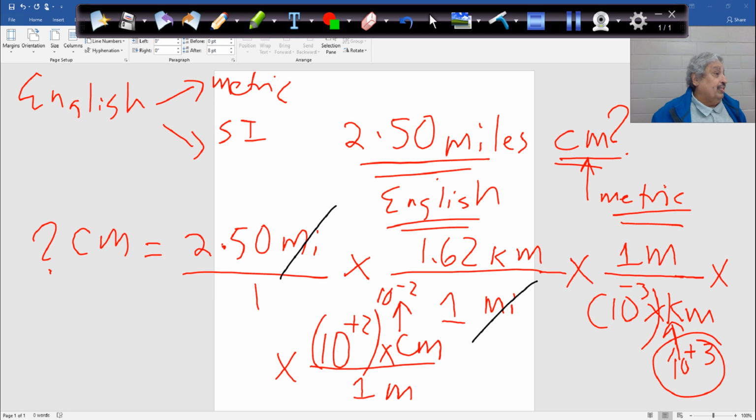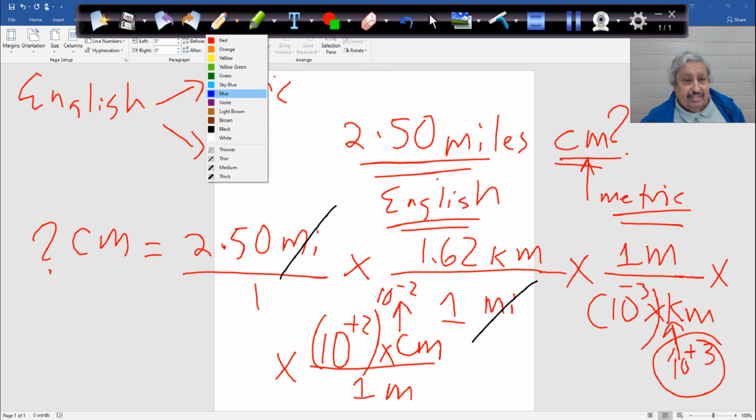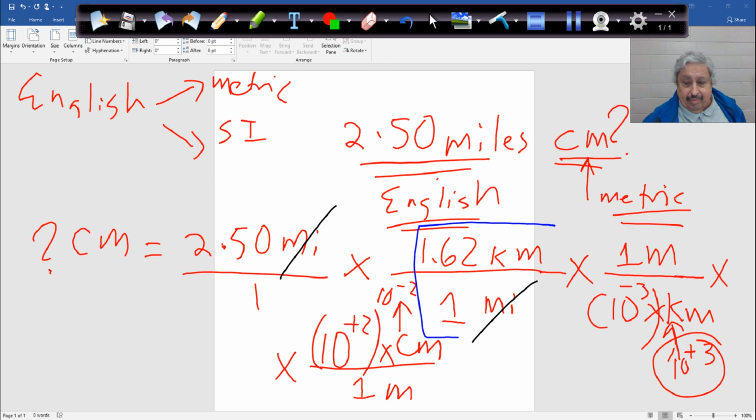You cannot go with fewer steps. But for the metric and the English system, you need a special chart. What's the relationship between the metric or SI with the English system lengthwise? That is the only thing we don't know, so we need a special chart for that.